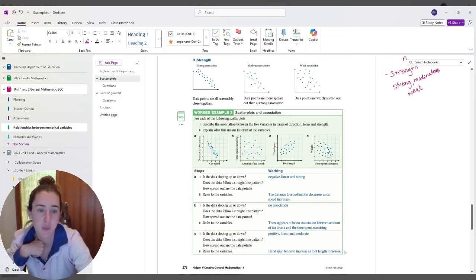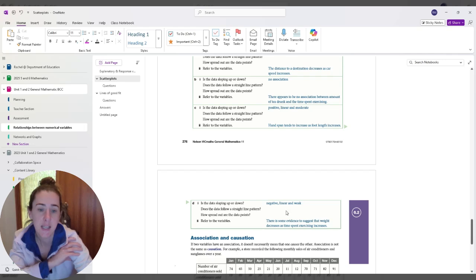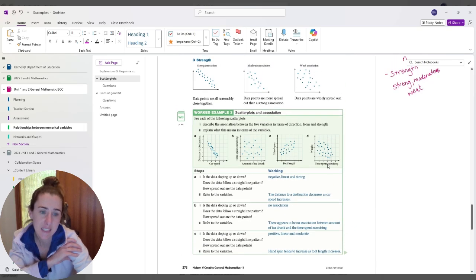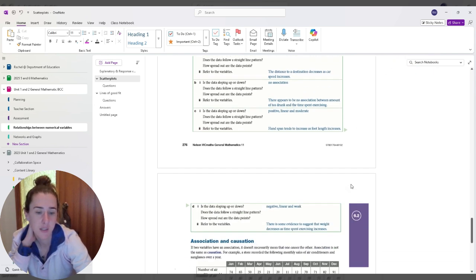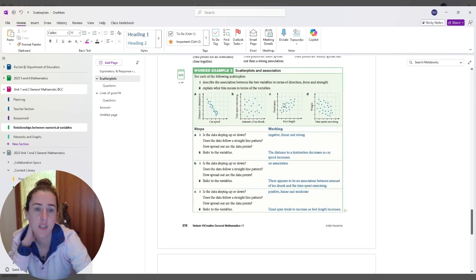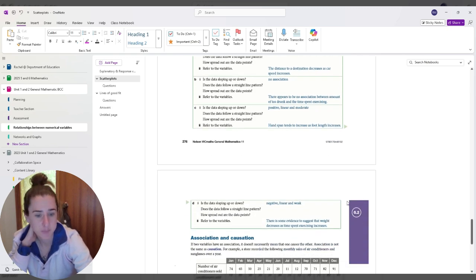All right, and our last one here, we have got a negative relationship. There's still a bit of shape to this. It's still linear because we have got that shape. It's not as scattered as this one, but it would be a weak association because it's just not as tight as it could be.